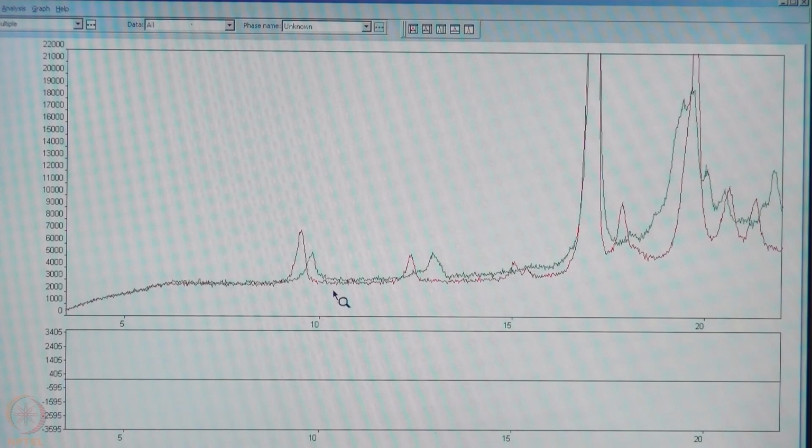So here what we can see is that there are two powder patterns, red and green. These are recorded on two different polymorphs of the same compound. You see the peak positions are different.